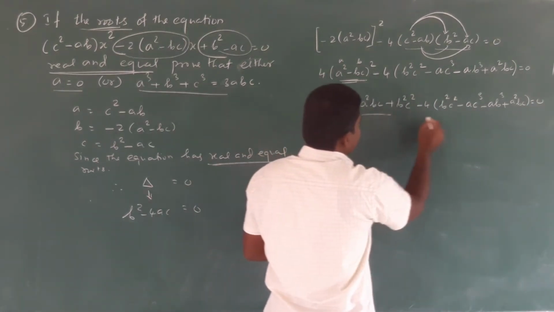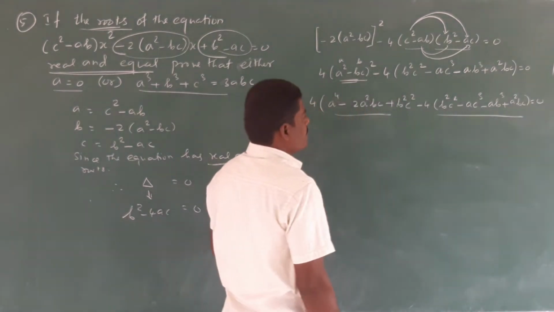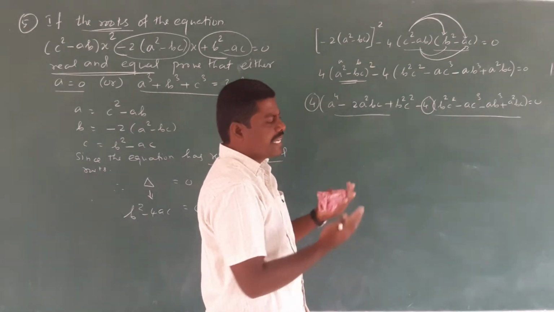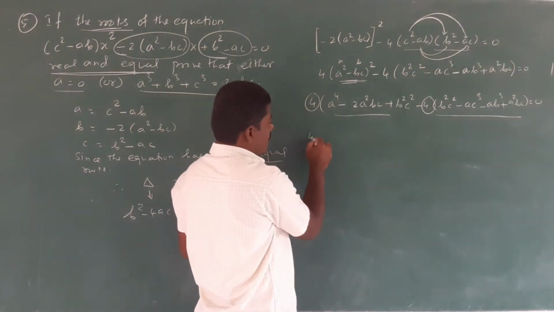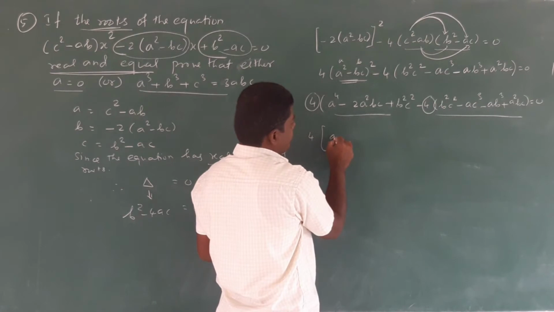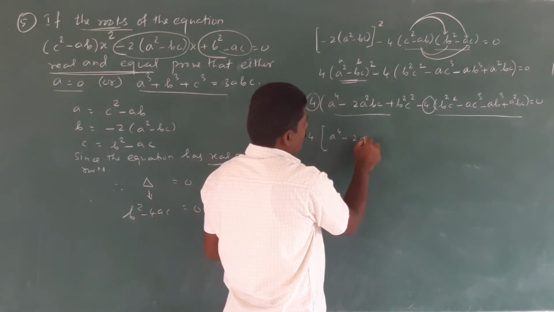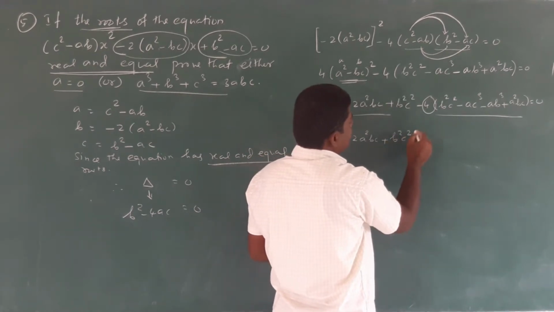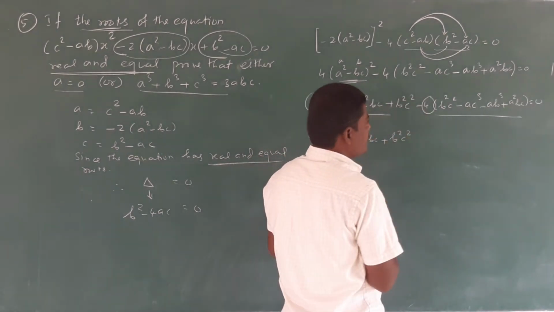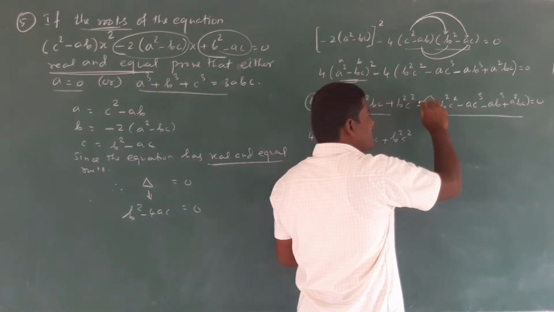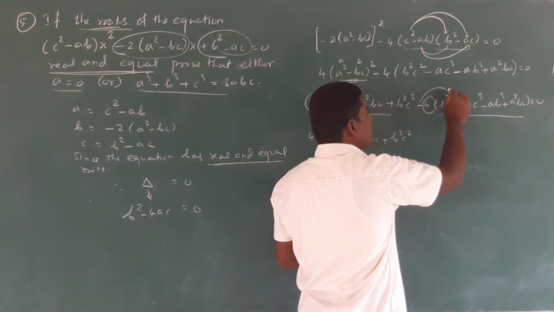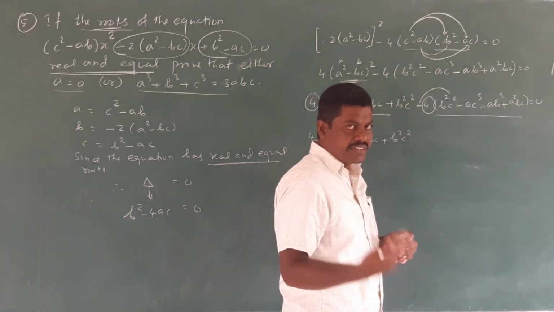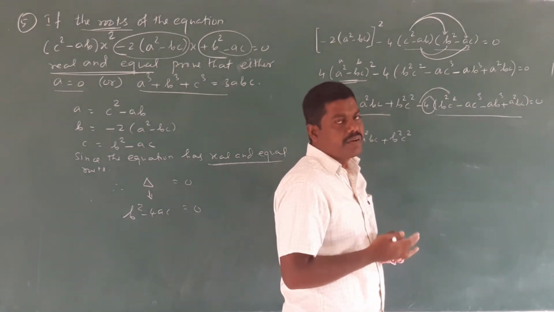So from these terms, 4 is common. You take 4 outside: 4 of A power 4 minus 2A square BC plus B square C square. Since the 4 we take outside has a minus sign, inside all the positive values get a negative sign and all the negative values get a positive sign.